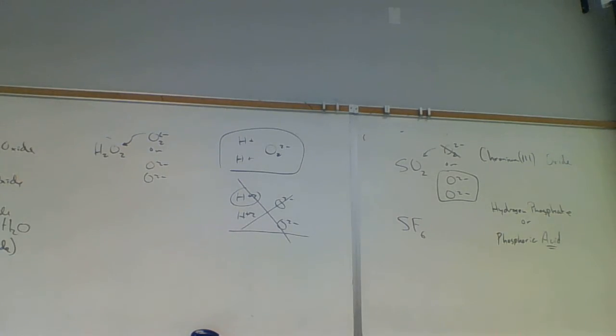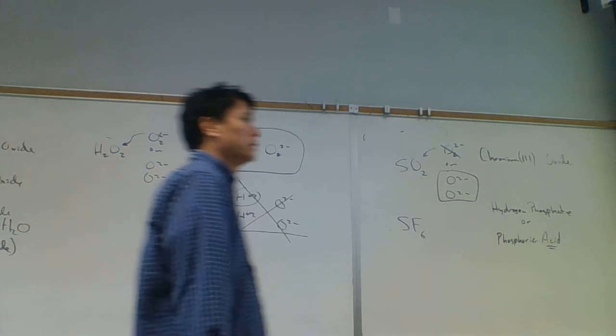Now, there's a pattern in the periodic table I want to talk about a little bit here. You might already be seeing this pattern. In fact, I know some of you are already seeing this pattern here. You're predicting it.